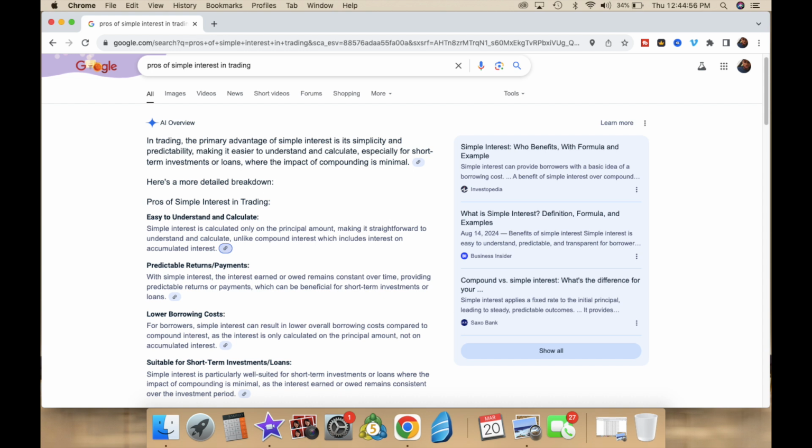So with the predictable returns and payments in Forex, I guess your swap would be calculated the same since you're going to be using the same lot size. And the swap is the charge that you would experience if you keep a trade open during the next day. Lower borrowing costs and is suitable for short-term trading and investments.